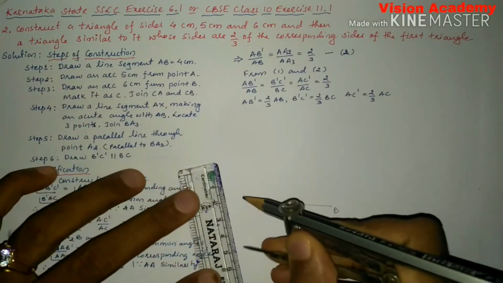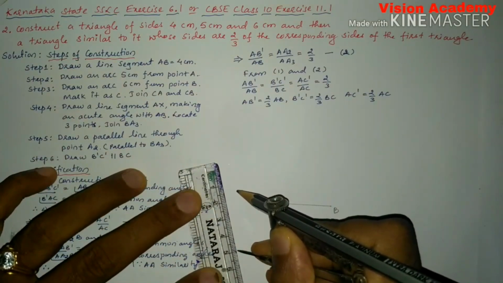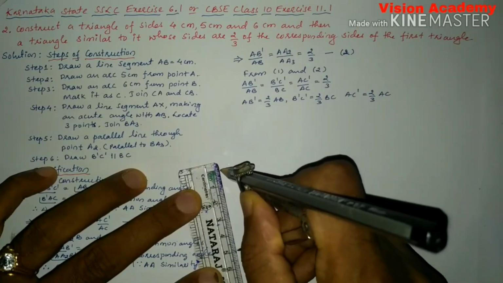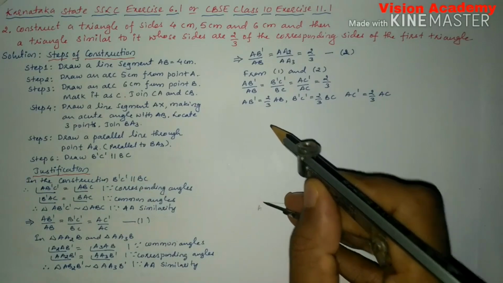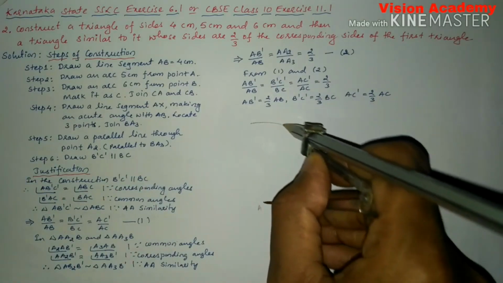The second step is draw an arc 5 cm from point A. So let us take in compass 5 cm from A. We just need to draw one arc.